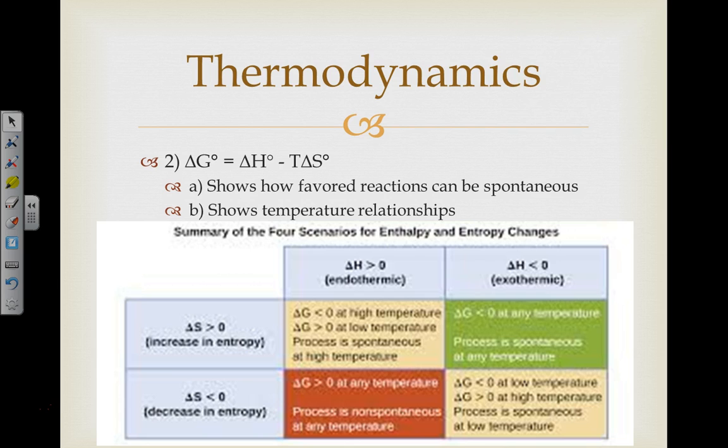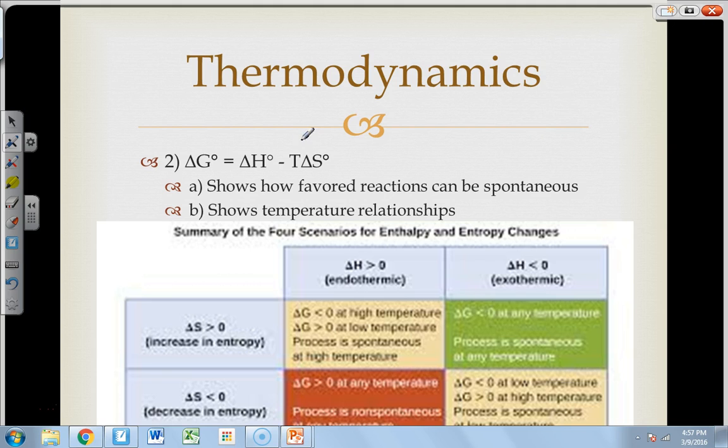Here, if they're both positive, that means that in order for delta G to become negative, the T delta S term has to get big.